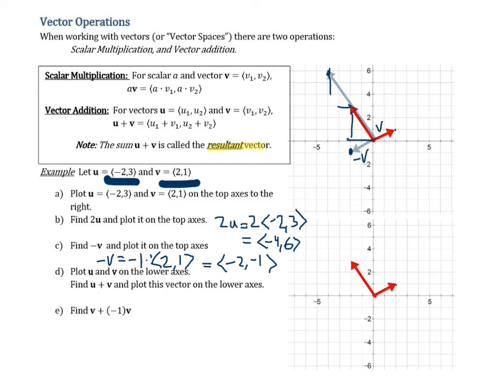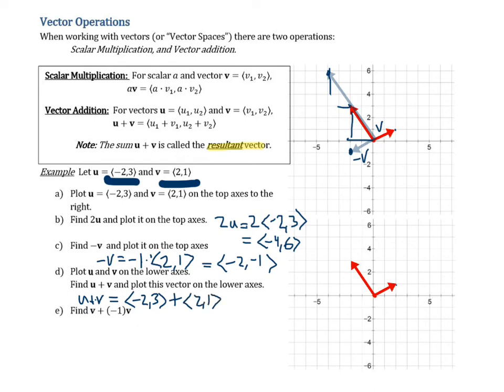Now we've plotted u and v on the lower axis here. And now what we want to do is find u plus v. Well, those are vectors, so we're going to add the vectors. The vector u is negative 2, 3, plus vector v is 2, 1.